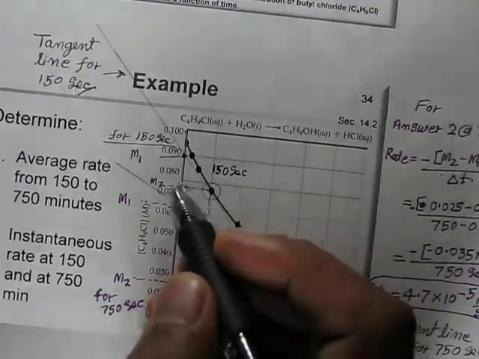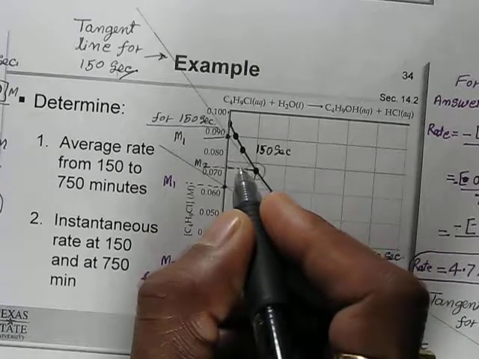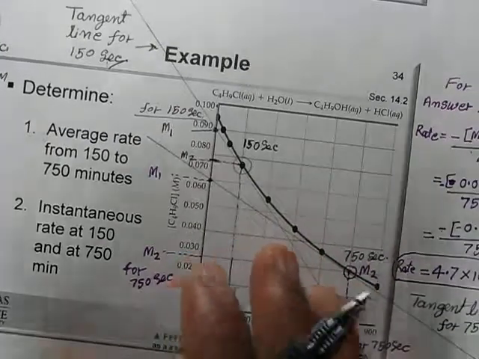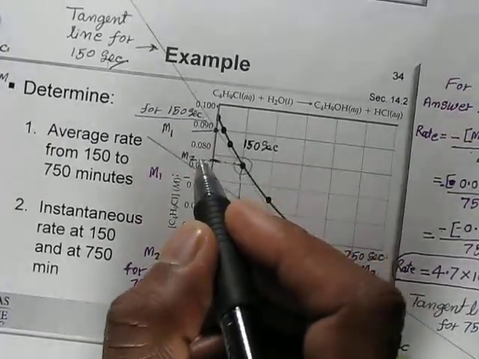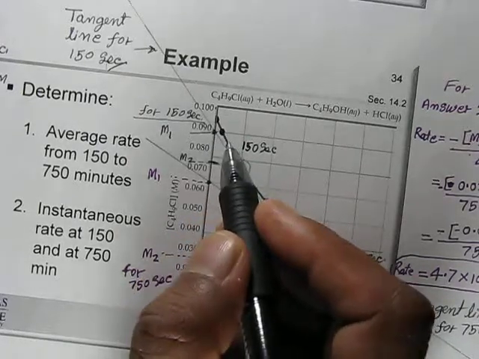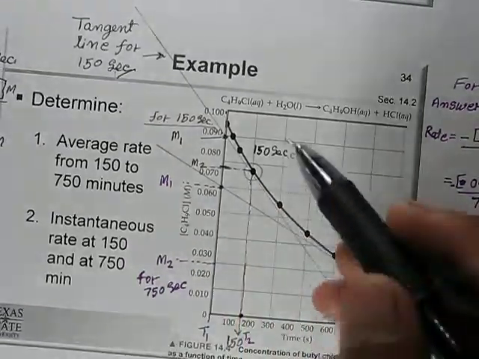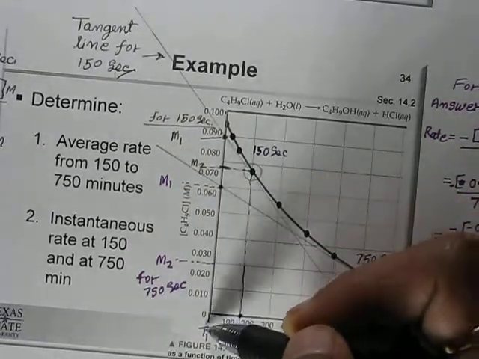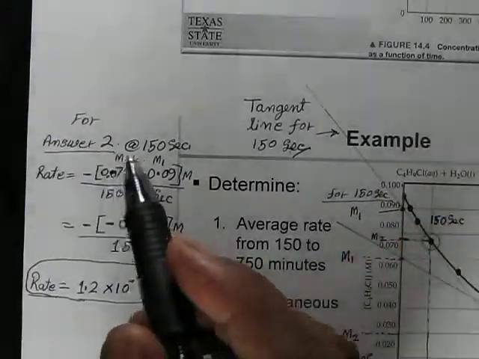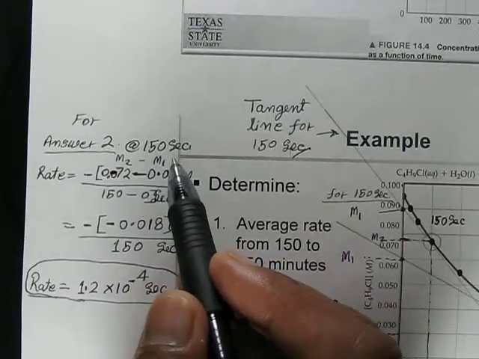So what I did here, I selected this point and drew a straight line back to the y-axis to find out the molarity. This will be M2, and I choose another point which is touching the y-axis. This will be my M1, and then time T1 will be 0 and T2 will be 150. So we can calculate the instantaneous rate at 150 seconds: M2 minus M1.